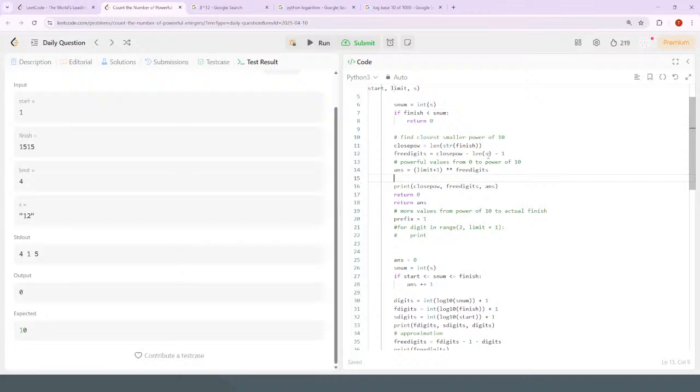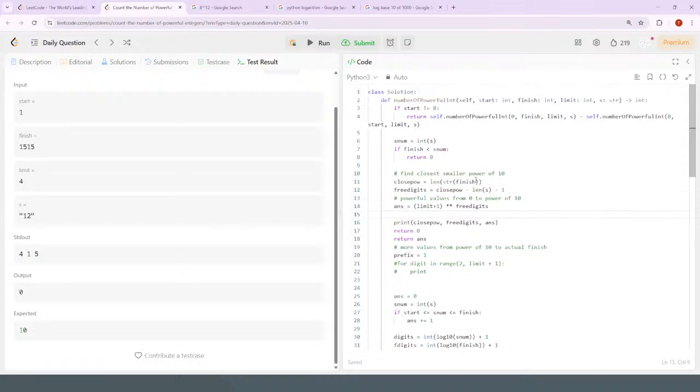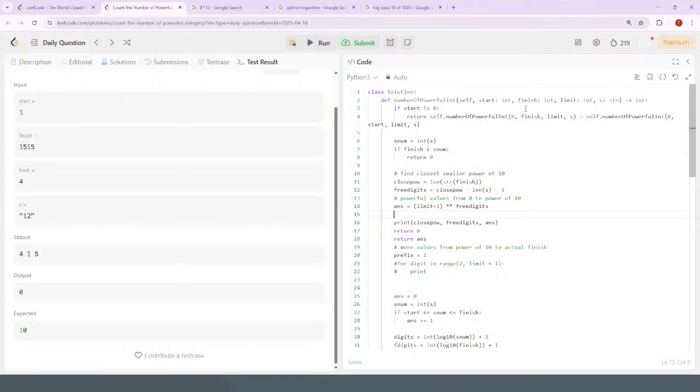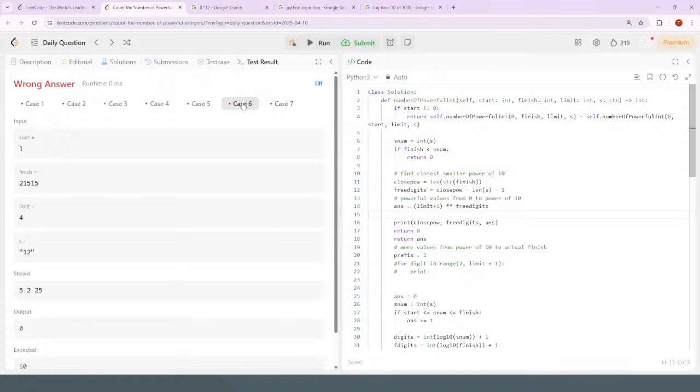No, this is multiplied by, let me see, whatever is smaller, your limit digit or your finish starting digit, I think. So this is 3 digits, power plus power 10. So this should be fine. So this should be 25. 25 should be multiplied.